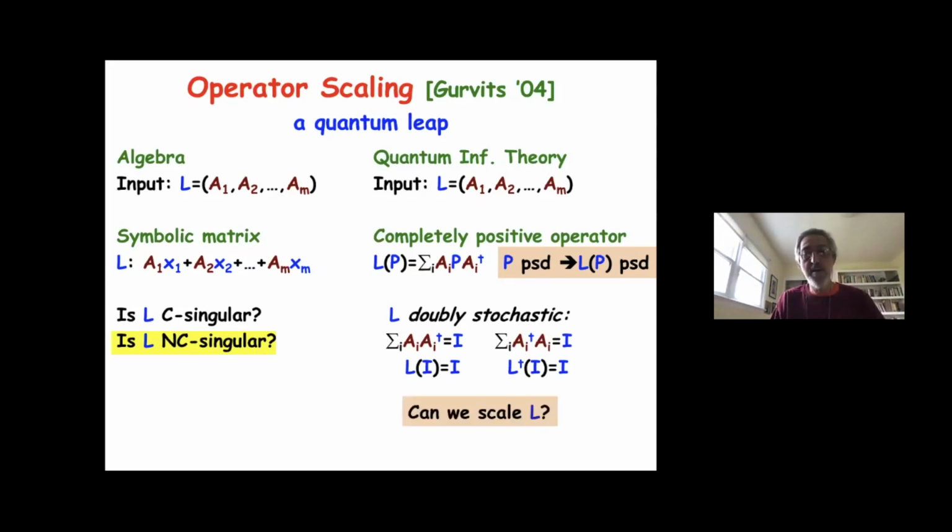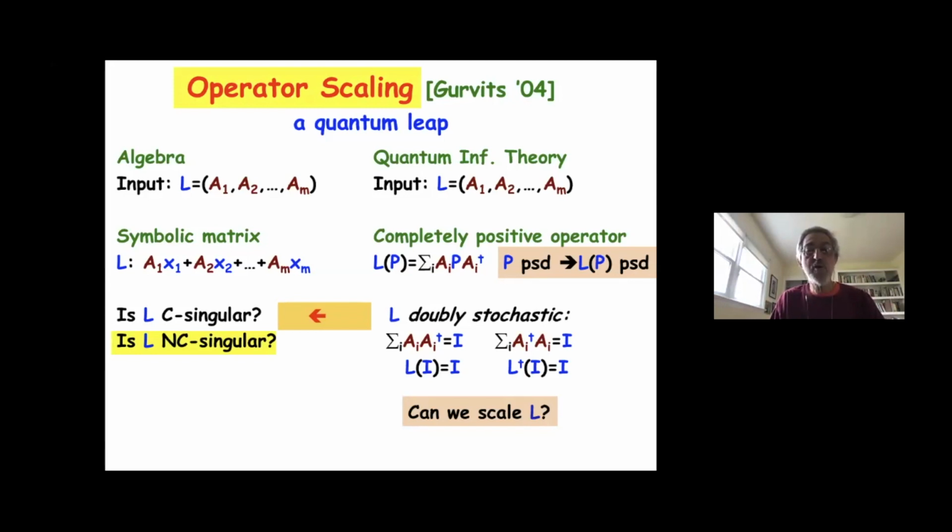And basically, we talked about how to scale such matrices. And the question is the ability to scale, what does it tell us? And Gurwitz has several characterizations, but he basically wanted to solve the singularity problem. And that's basically the operator scaling. And he managed to prove that, well, I wrote it in reverse.